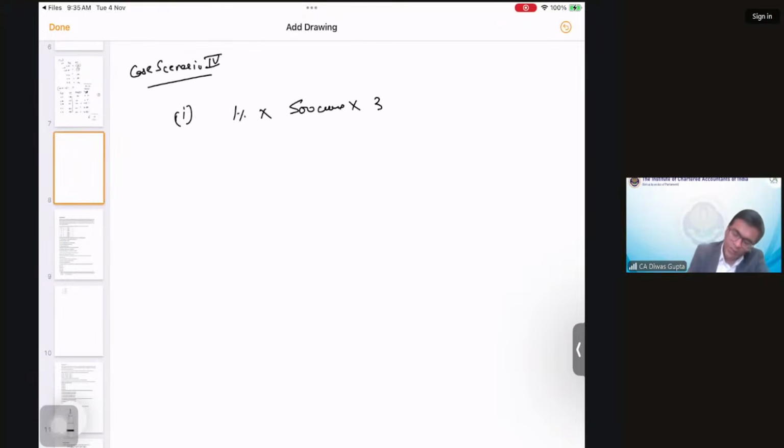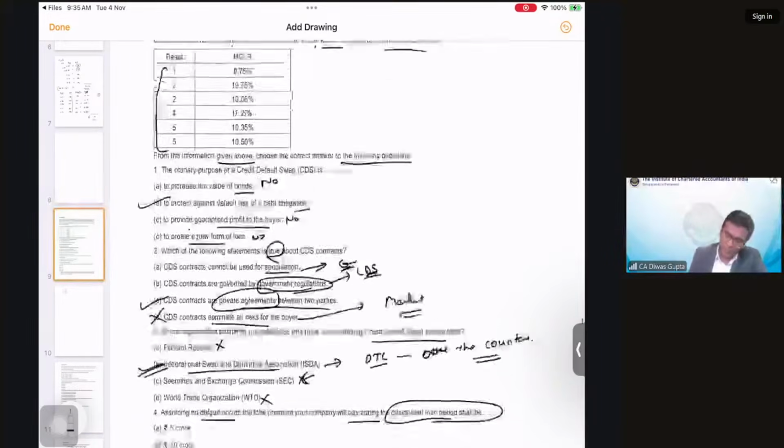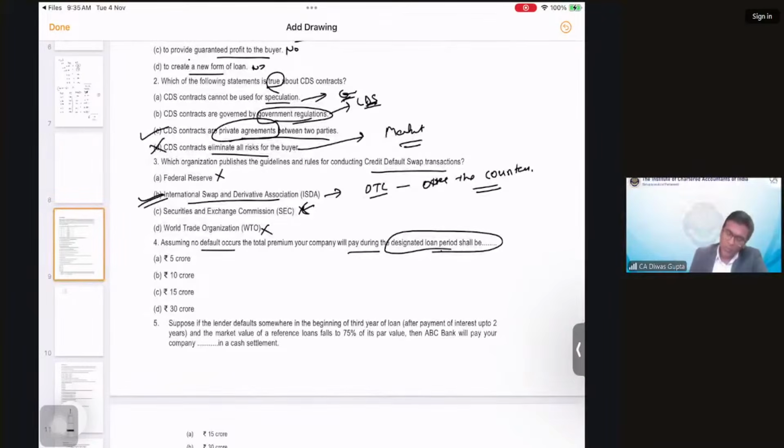So into 3. So for the entire tenure, we will end up paying 5 crore into 3 years, which is 15 crores. We will end up paying. So 15 crores is C part.